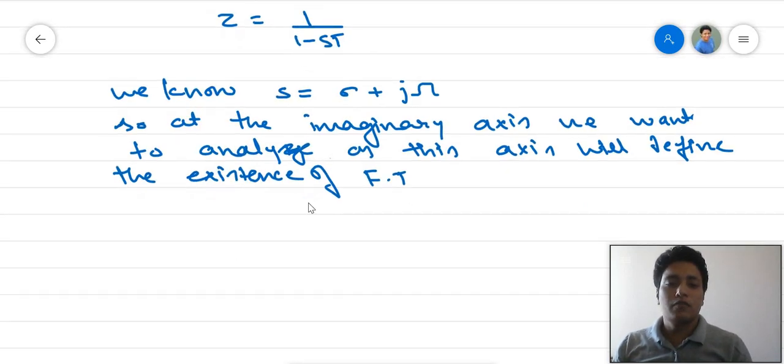So that's why we'll put sigma tends to 0. So s will be j omega.